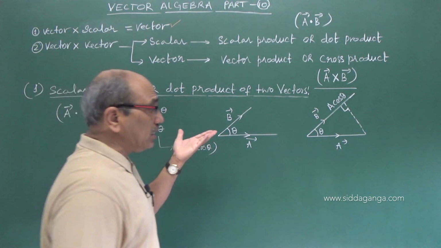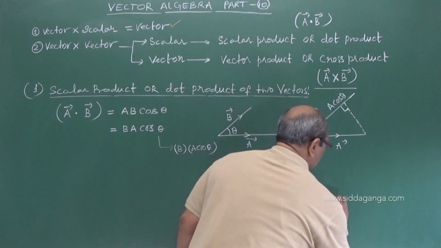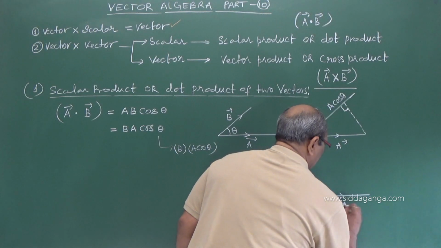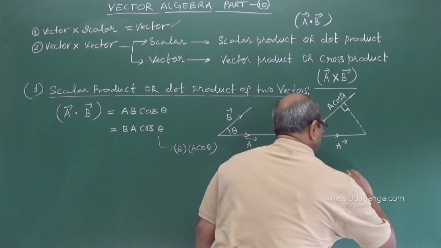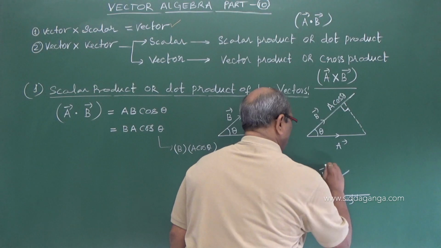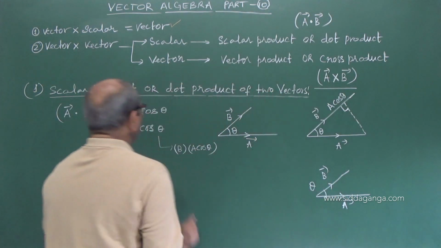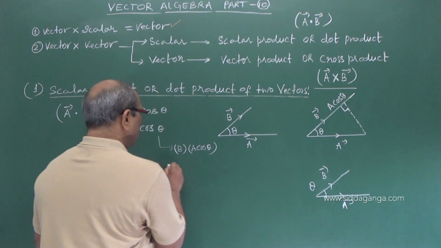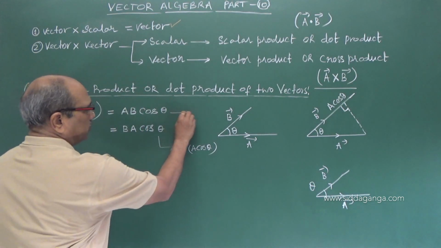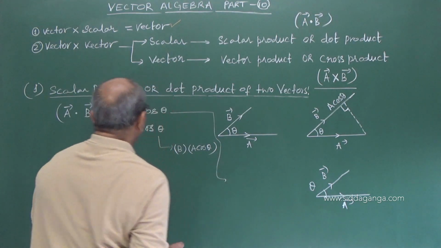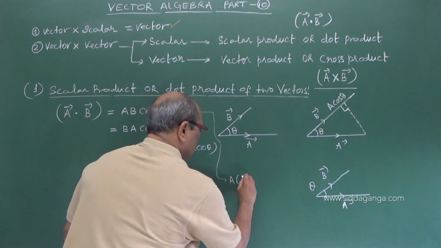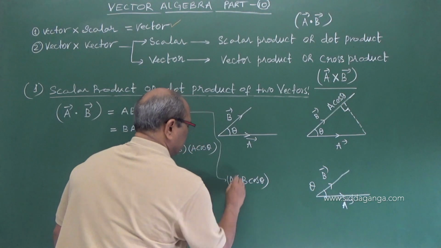It need not necessarily be B. Let us take an example like this. It is the vector A. Now this is the vector B. The angle is theta. Now I can write this also as A into B cos theta.